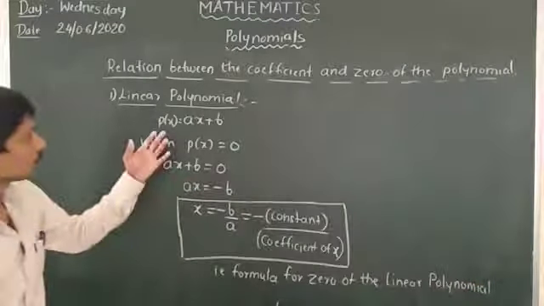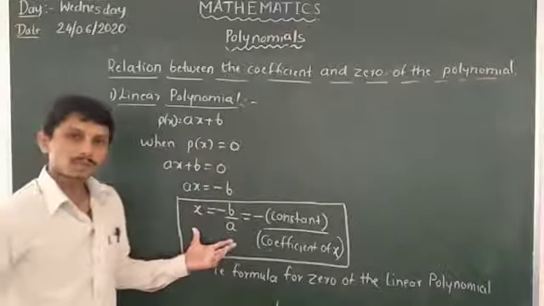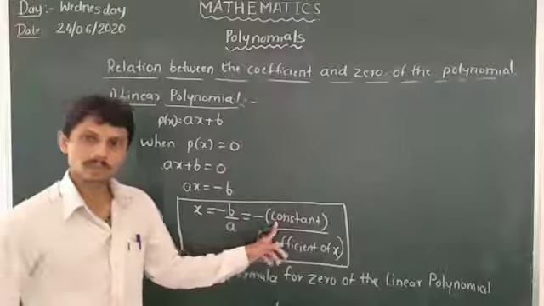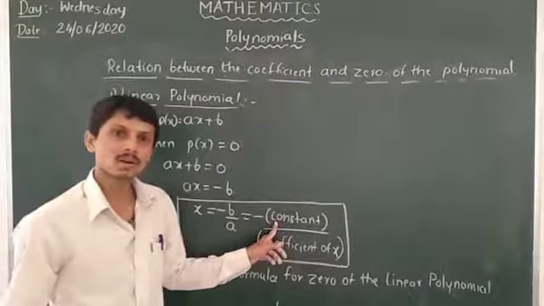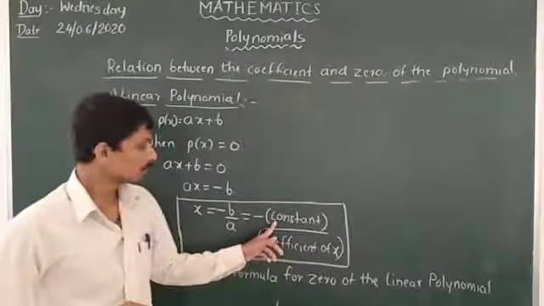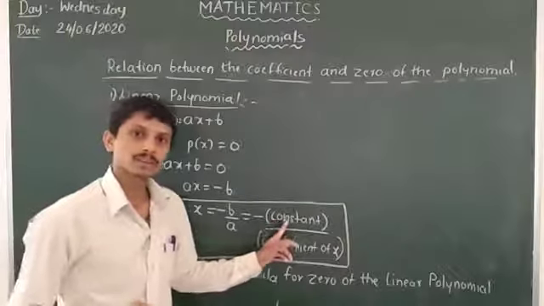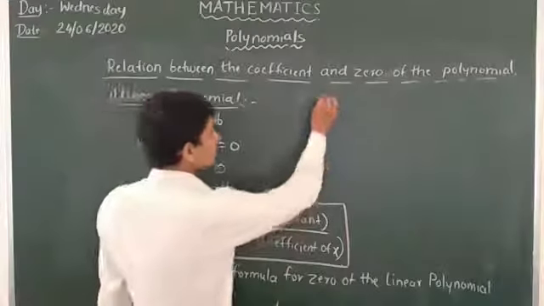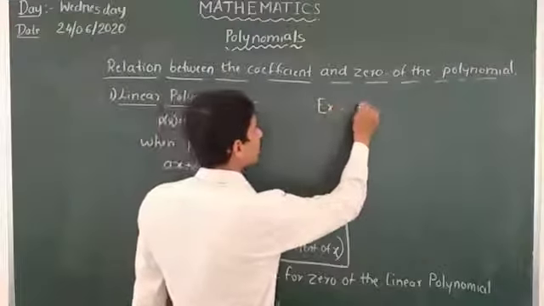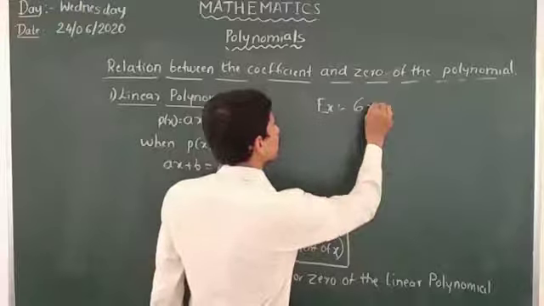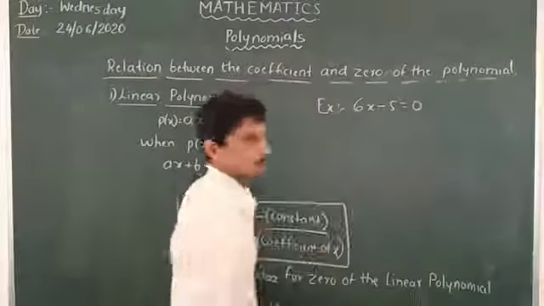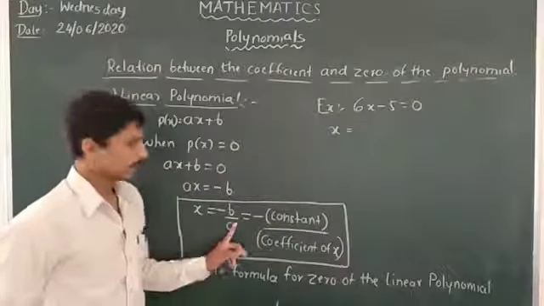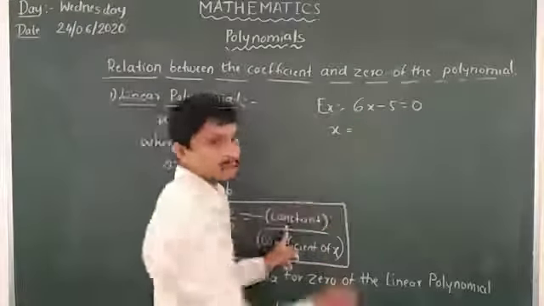So for any linear polynomial, just take x is equal to minus of the constant term divided by the coefficient of x. I will take one example: 6x minus 5 is equal to 0. What is the constant term here?